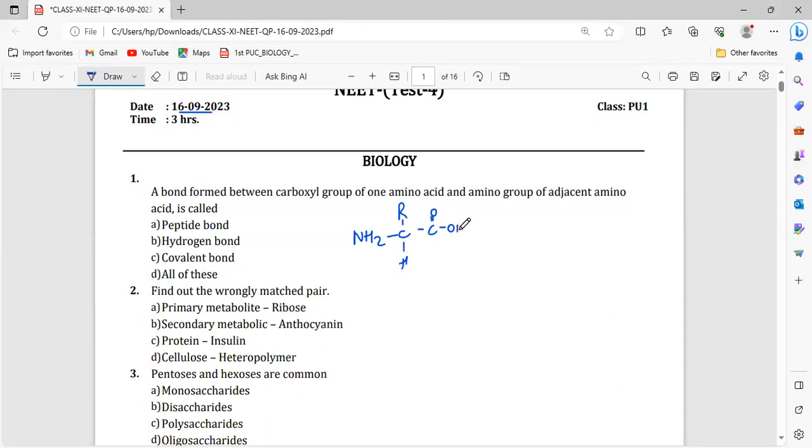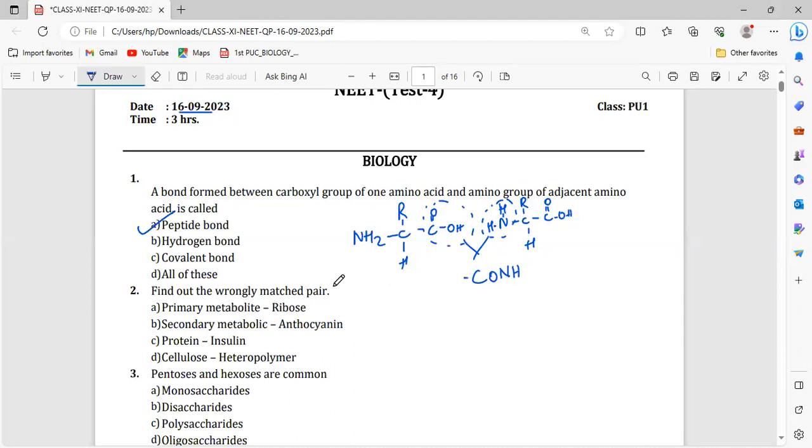This is the carboxylic acid group COOH, and the adjacent one, NH2, is the amine group. These two groups combine to form the peptide bond. They form the CONH bond by the loss of water.